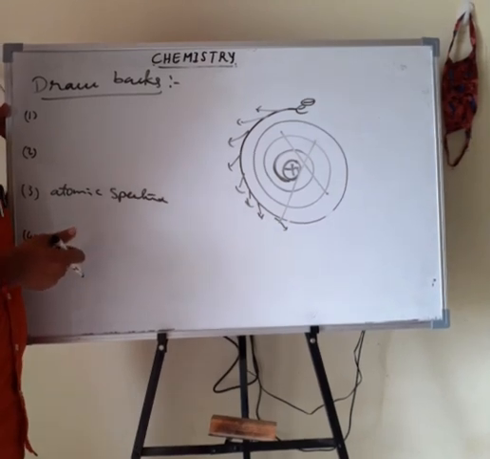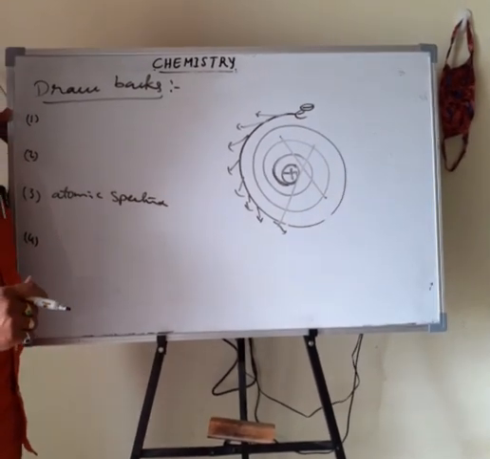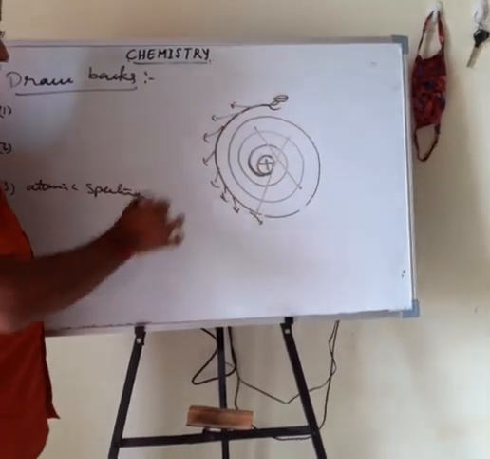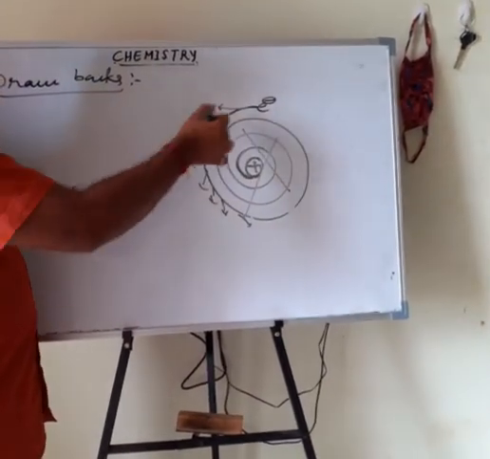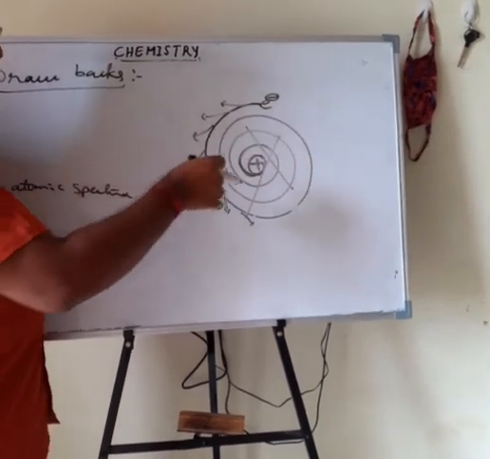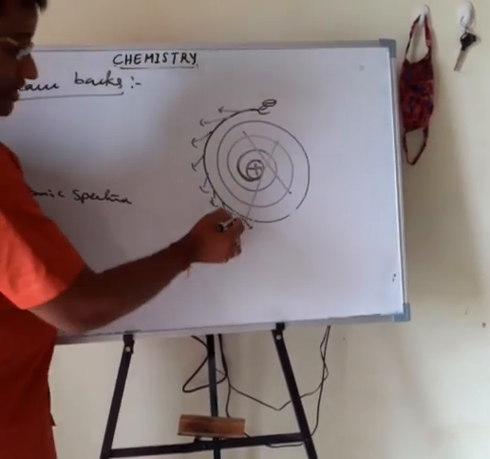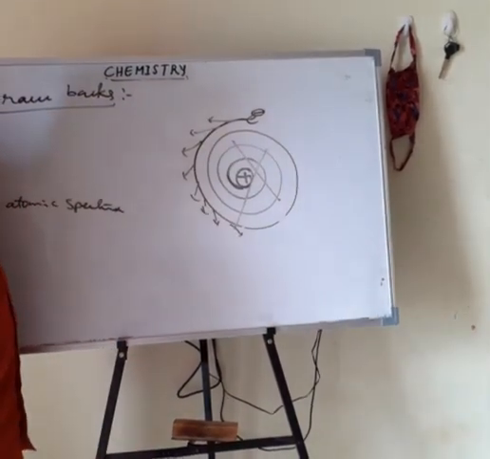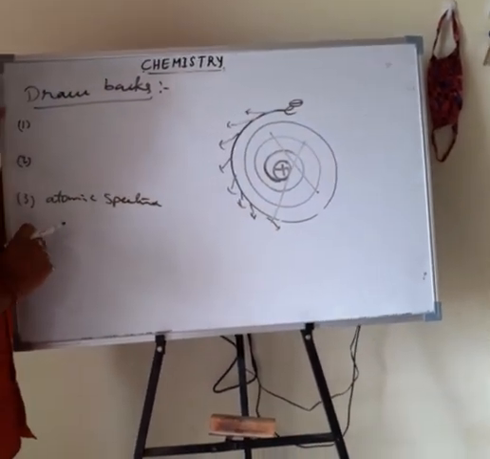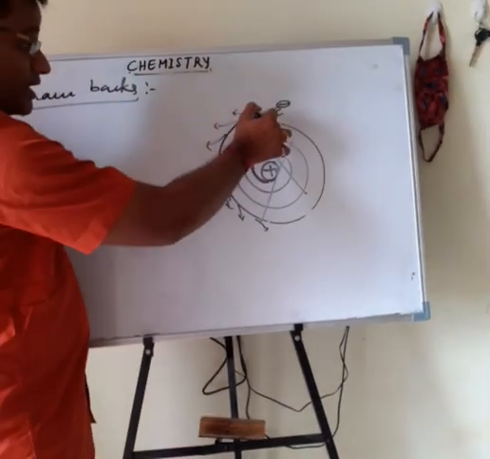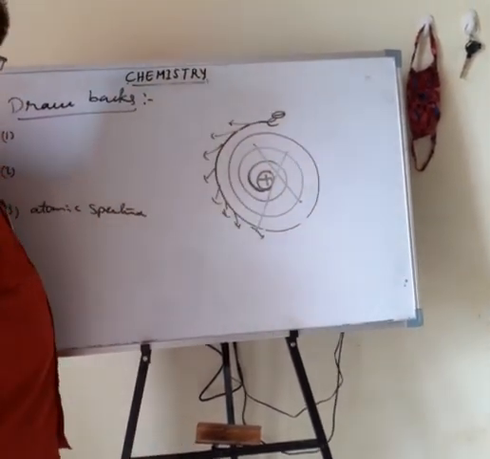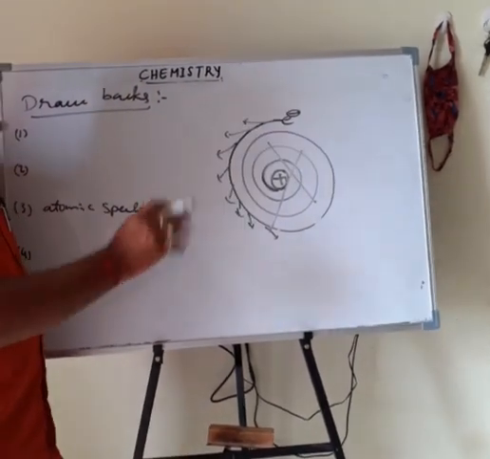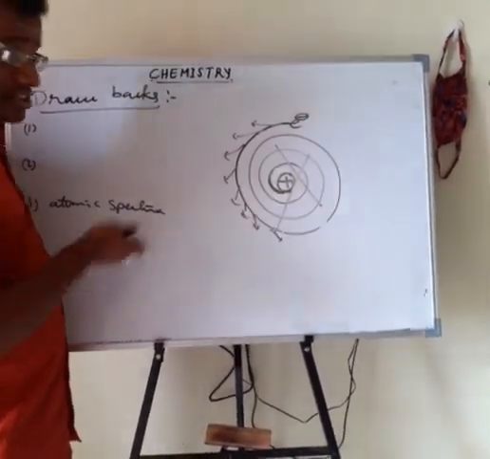So once again, what is the fourth point? According to classical electrodynamic theory, charged particles moving around the nucleus in a circular path always emit radiation. Whenever a particle emits radiation, it loses energy and moves toward the nucleus, and finally falls into it. The atom should collapse. But in the Rutherford atomic model, the particles do not emit radiation, and electrons do not fall into the nucleus. The atom is not collapsed; it is stable.